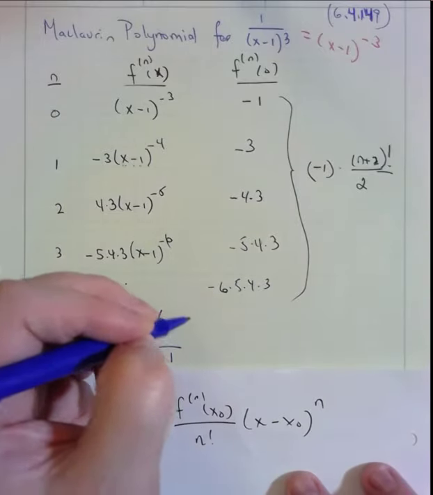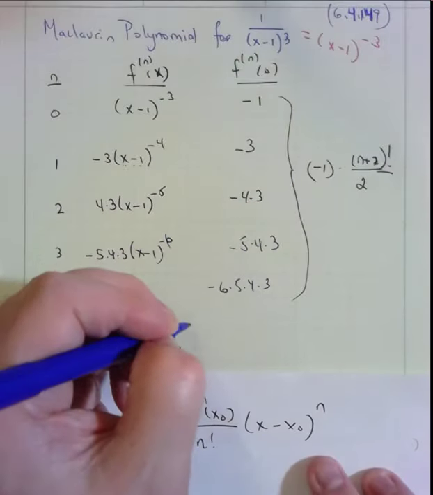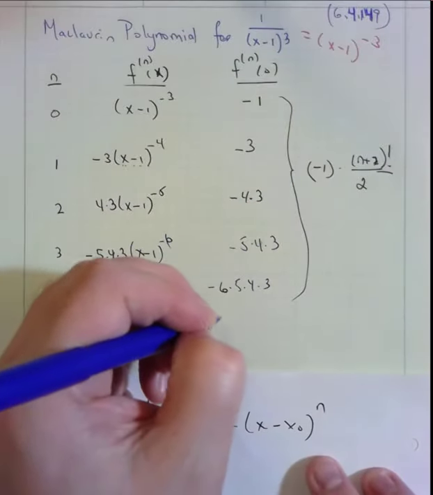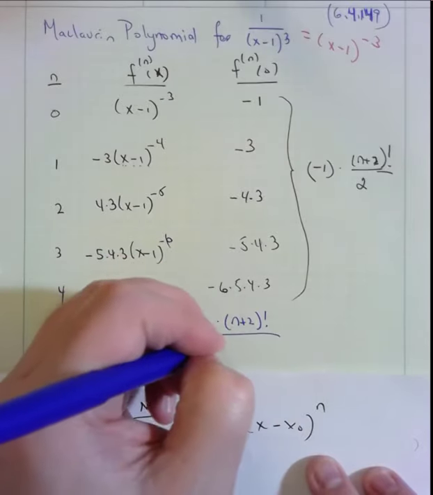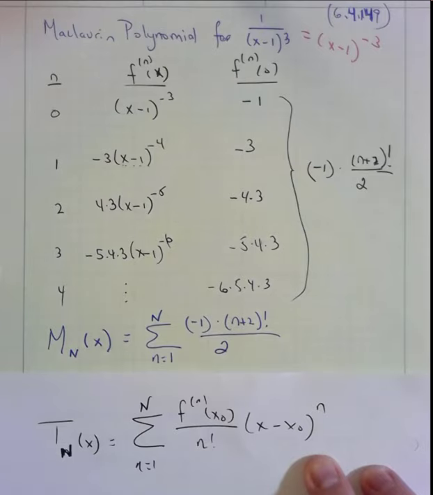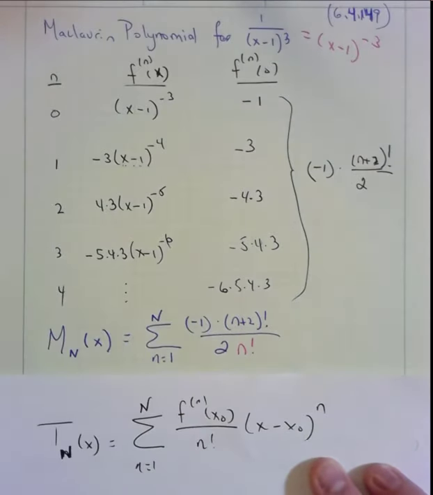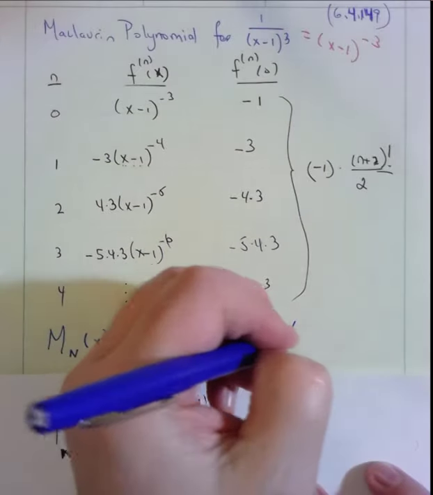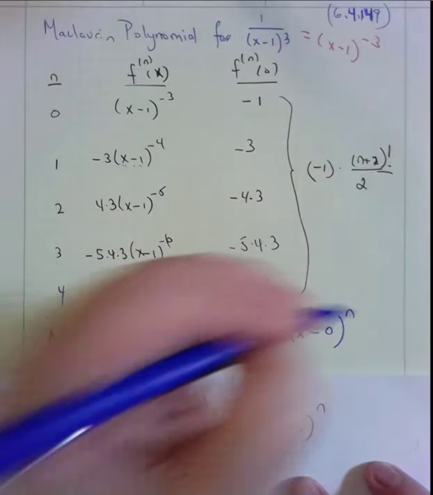And our coefficient coming from the derivatives, there's a negative 1 times n plus 2 factorial divided by 2. And then inside that denominator, I'm going to also include this division by n factorial. That'll just go along right there. And then finish it up with x minus, well, 0, because it's a Maclaurin series, to the n.